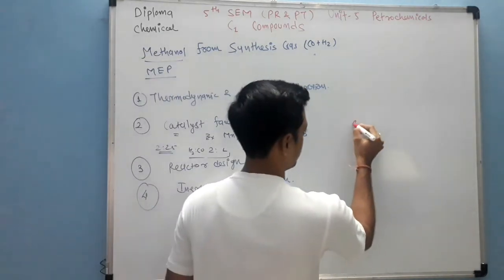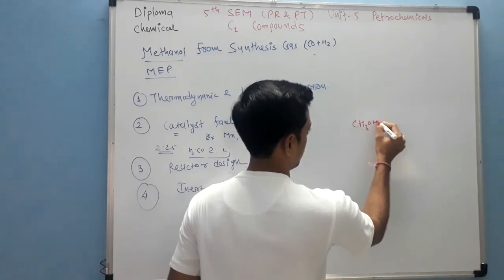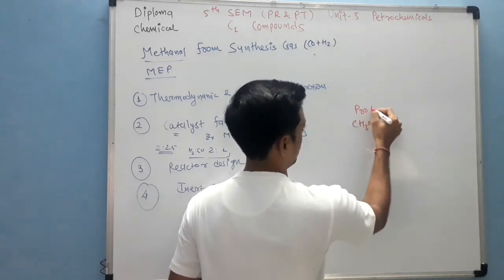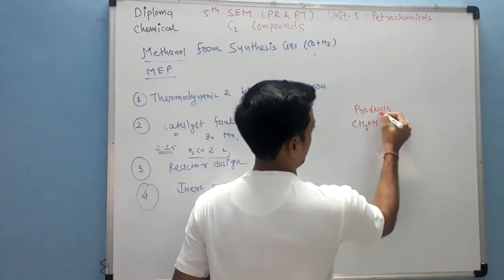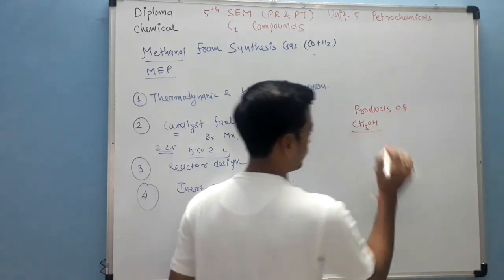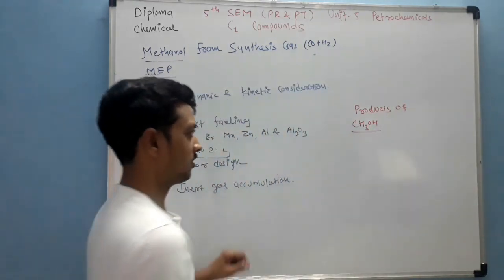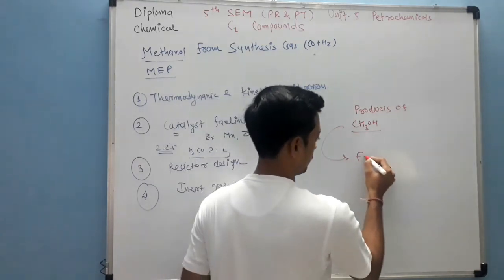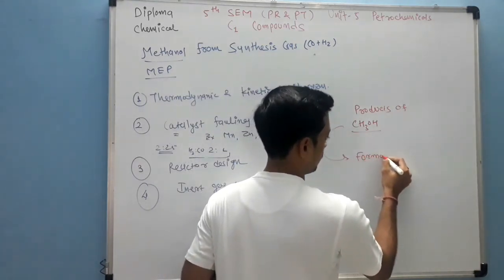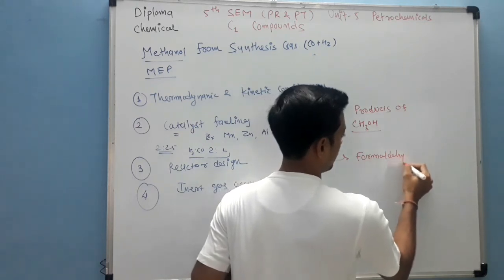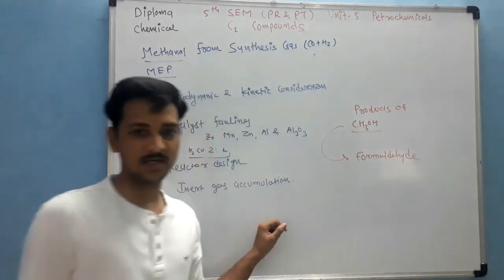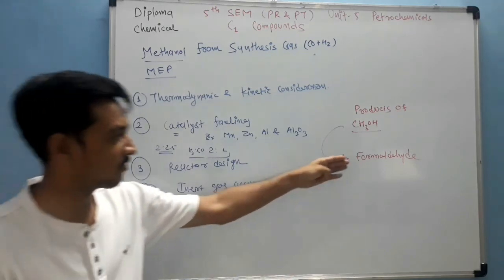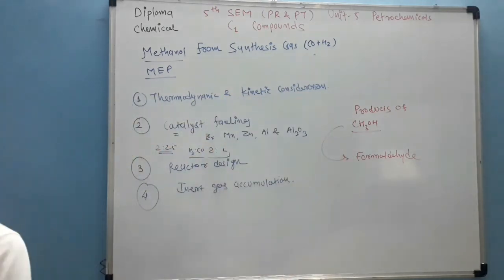Now let's discuss the products of methanol. It is used for the manufacturing of formaldehyde. The raw material for formaldehyde is methanol.